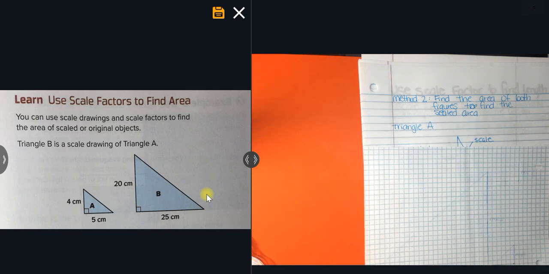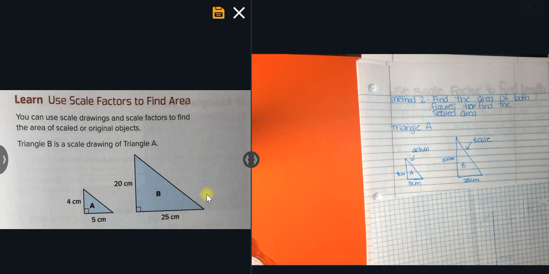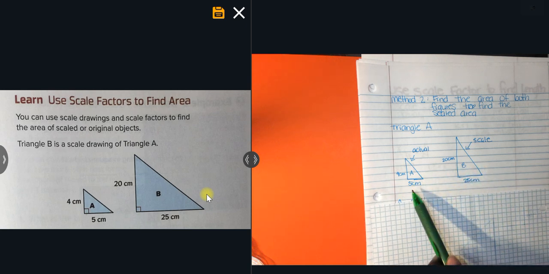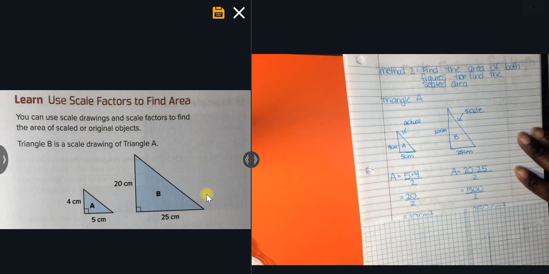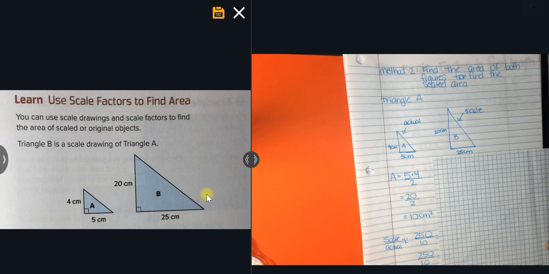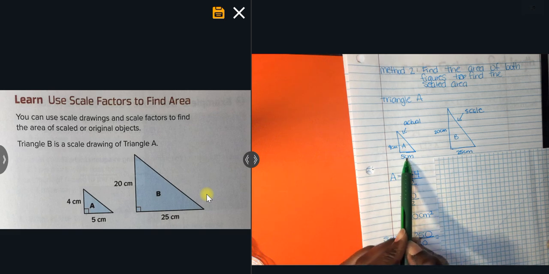For triangle A and triangle B, I drew those out again, so you see the 4 and the 20, the 5 and the 25. Then I found the area of the first triangle. We know that the area of a triangle is base times height, divided by 2. So I took 5 times 4 and divided it by 2. That gave me 20 over 2, which gave me 10 square centimeters.